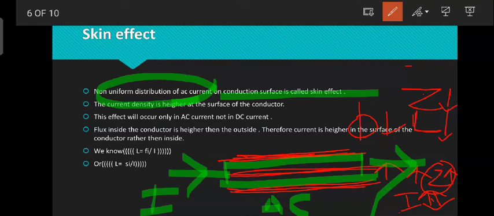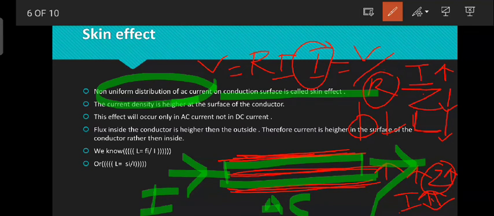So at the surface current is very high. By this rule, V is equal to I into R, or I is equal to V by R, so current is inversely proportional to resistance. So if inductance is low, then impedance is also low, and then our current is high.